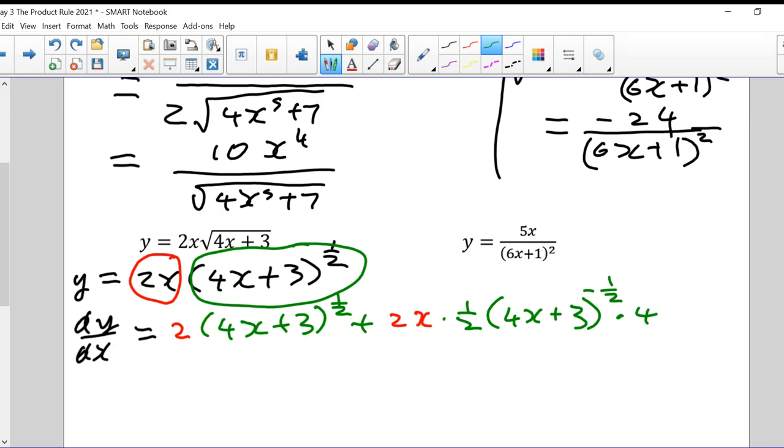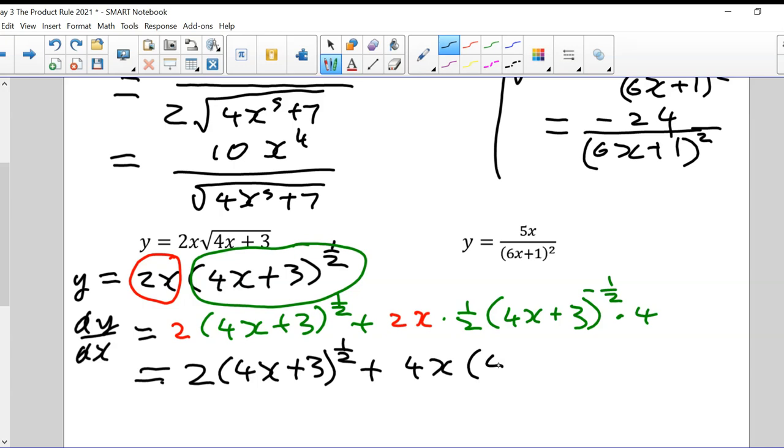So this is the equivalent of, I put everything in black now. I can still leave this as it is: 2 times the 4x plus 3 to the half. But this second one here, the 4 times the 2 is 8 times a half is 4x times 4x plus 3 to the minus a half.